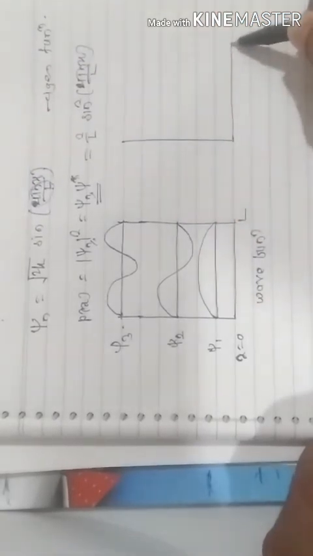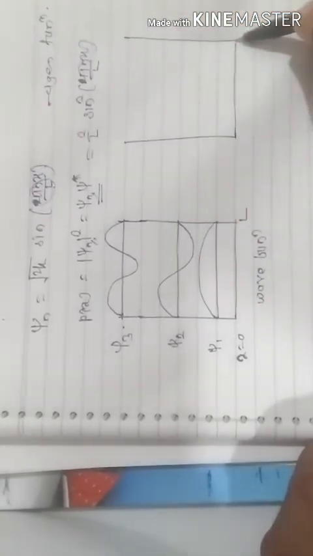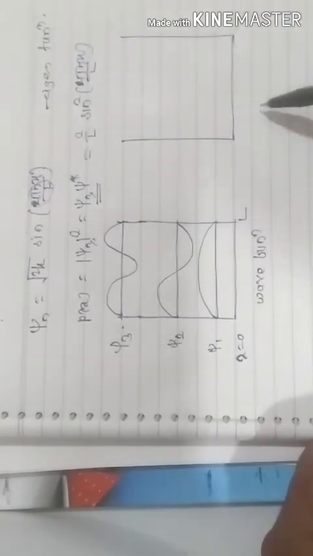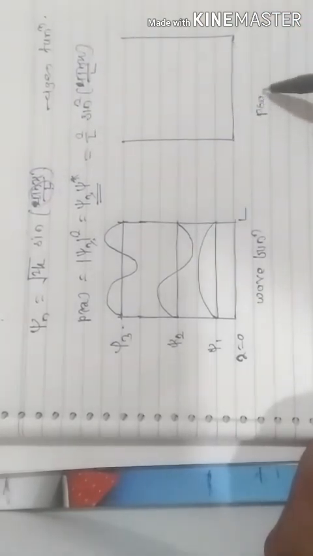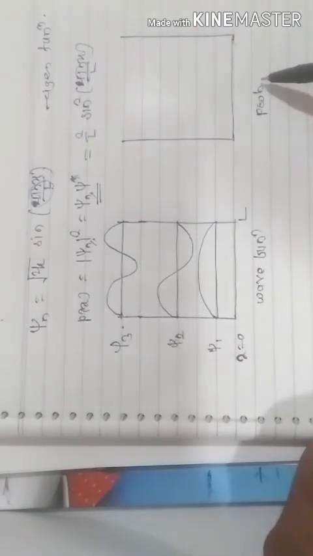And as you derive, plot the probability density in a rigid box.